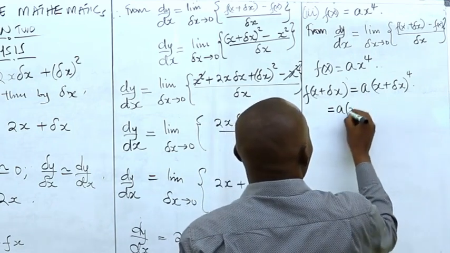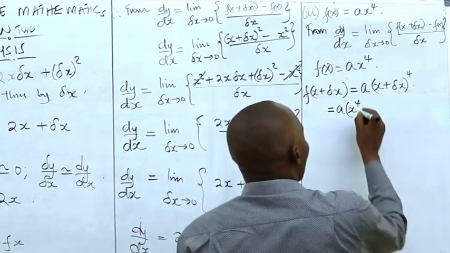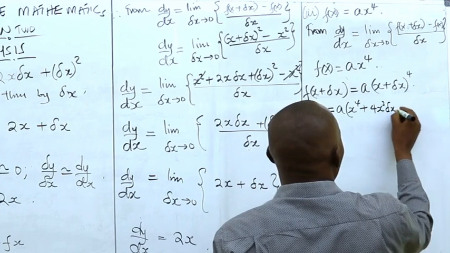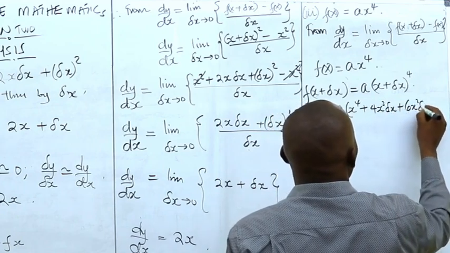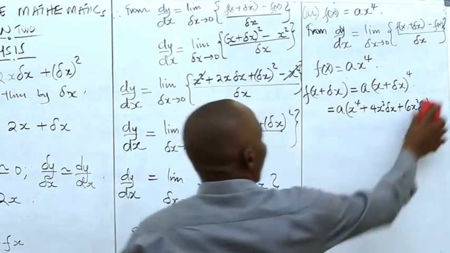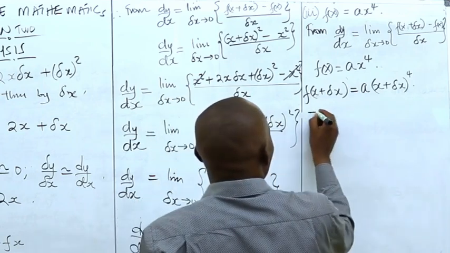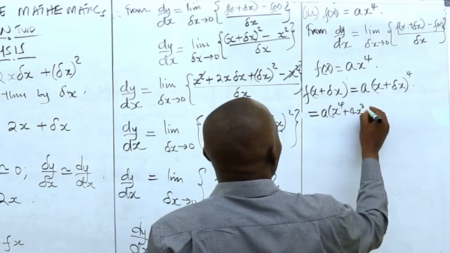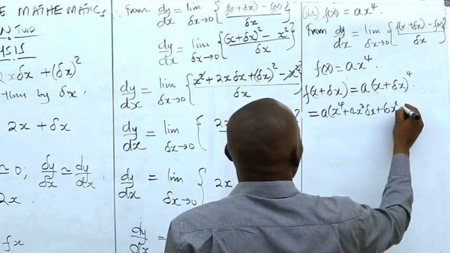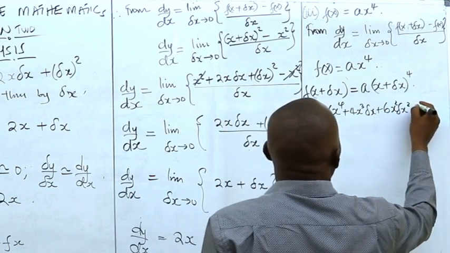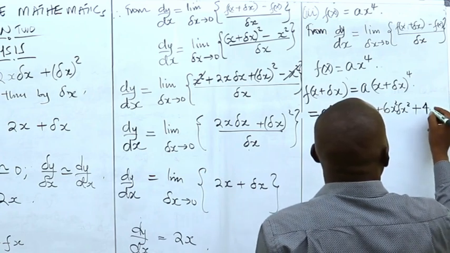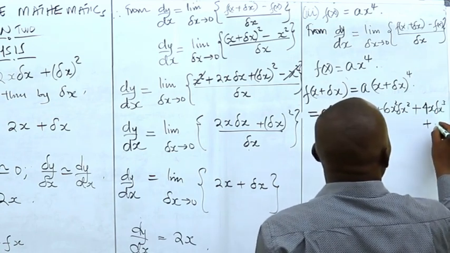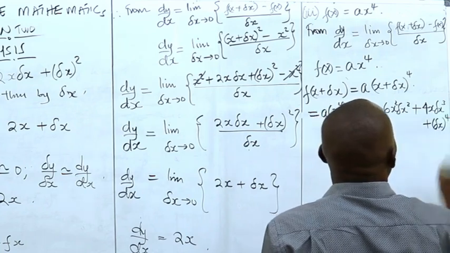We have a, everything into x power 4 plus 4x cubed delta x plus 6x squared delta x squared plus 4x delta x cubed, then plus delta x to the power 4.